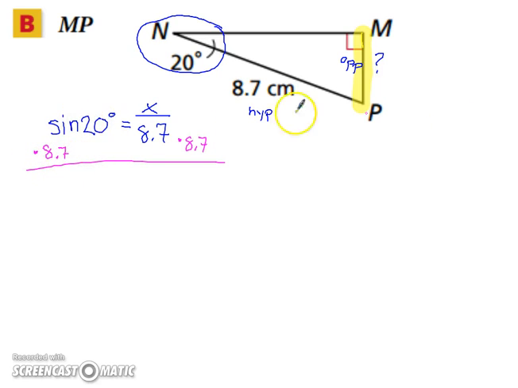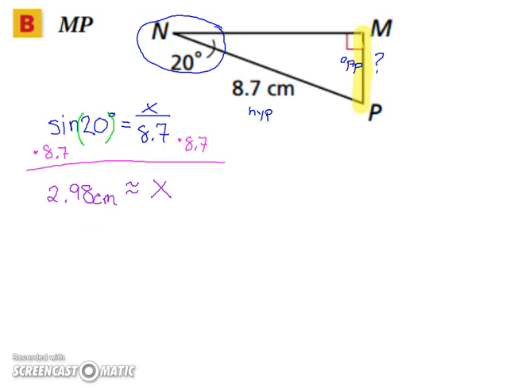Just be mindful, when it shows up on the calculator, you want to make sure you close off those parentheses before you put in times 8.7, so that it's not finding the sine of 20 times 8.7. You want the sine of 20 and then that value times 8.7. And that will give us that x is about 2.98. And we're dealing with centimeters here, so 2.98 centimeters.